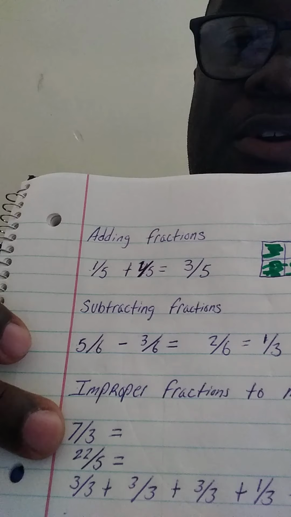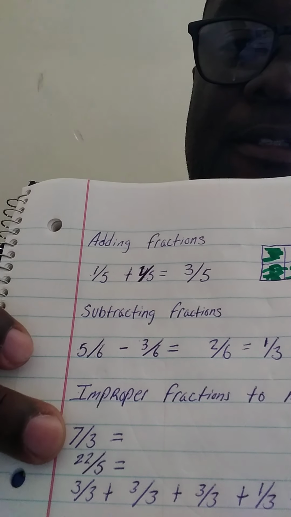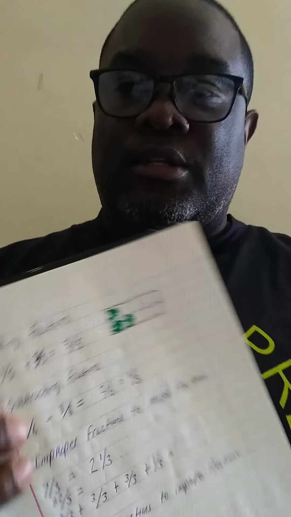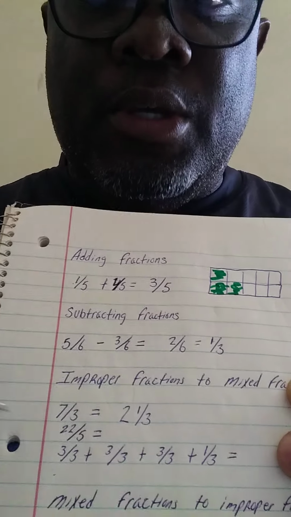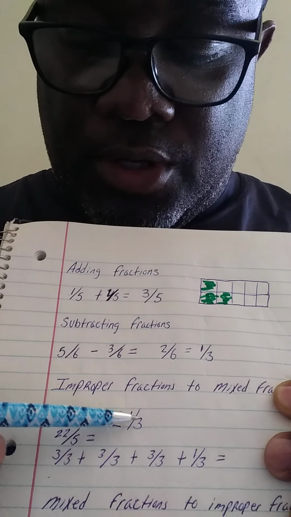What would 7/3 be as a mixed fraction? I'm going to write the answer down, then I'm going to explain how I got it. The answer as a mixed fraction or a mixed number is 2 1/3.